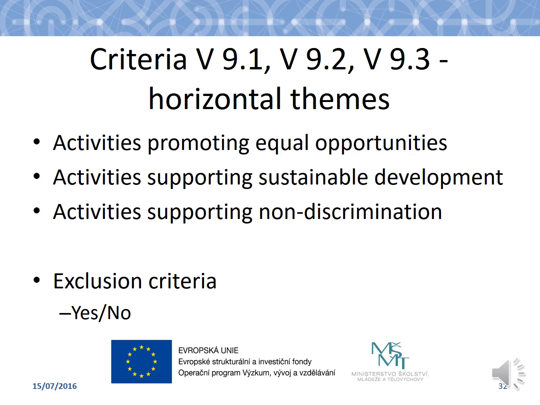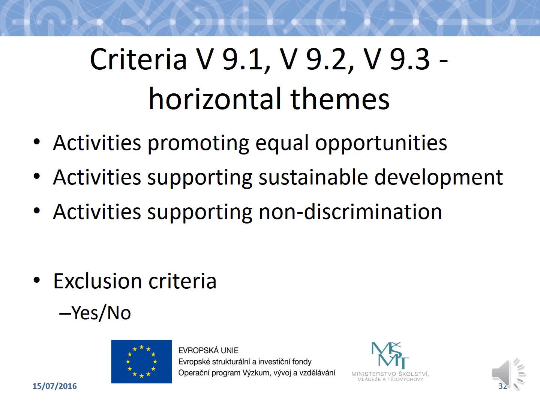Criteria V 9.1, V 9.2, V 9.3: horizontal themes. That is, activities promoting equal opportunities, activities supporting sustainable development, and activities supporting non-discrimination. The project must not have any negative impacts on horizontal themes.